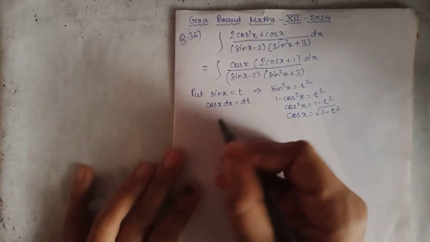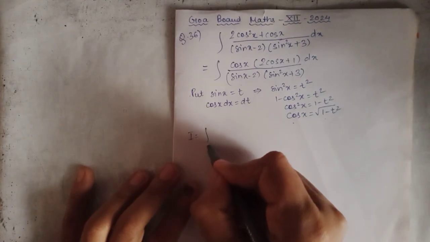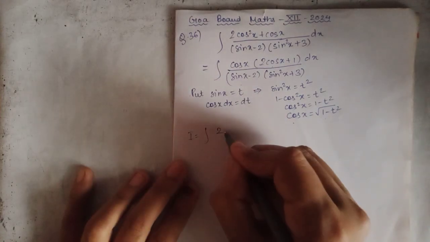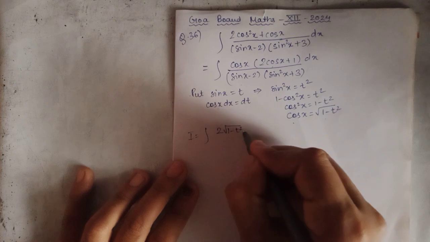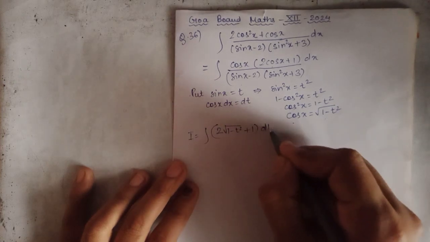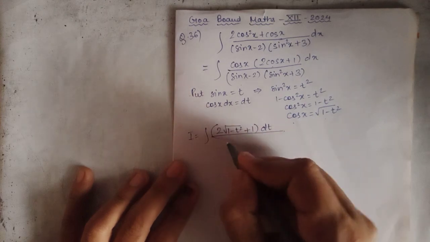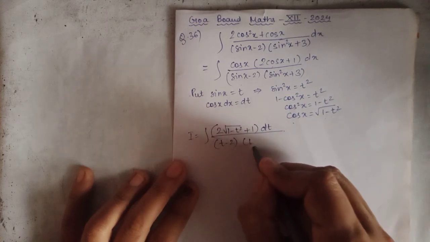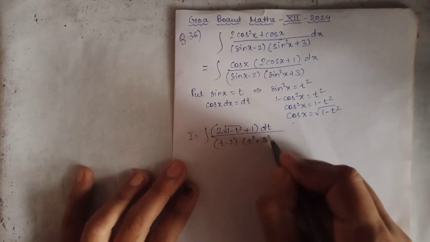Let's put this into the integral: (2 root 1 minus t square plus 1) dt upon (t minus 2)(t square plus 3).